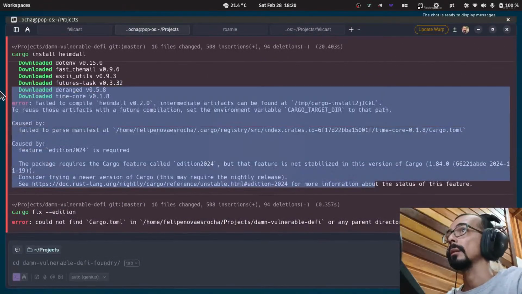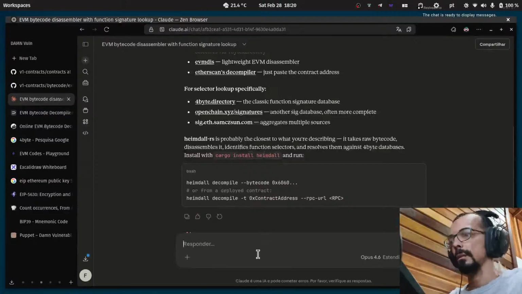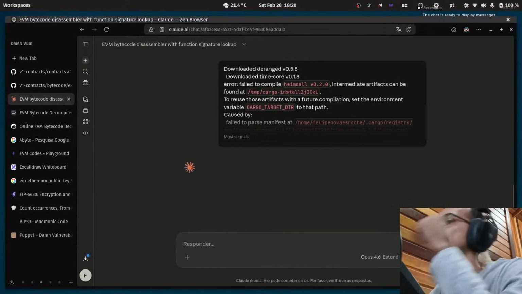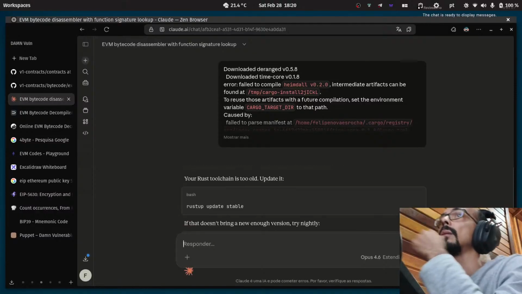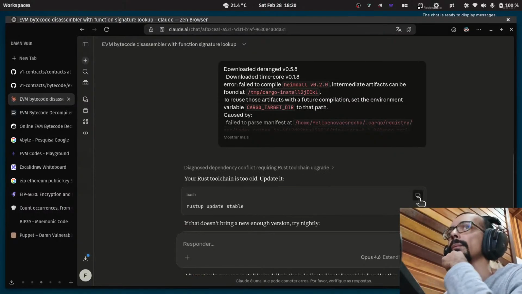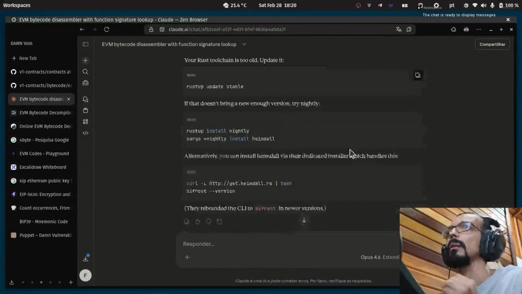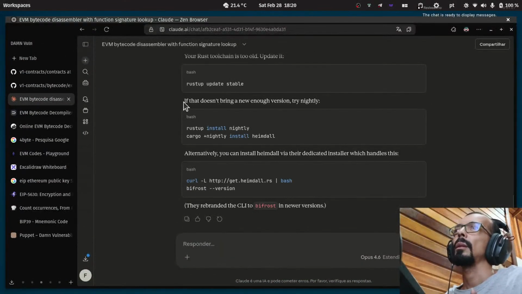Okay, let's take that. Probably need to update my cargo. Yeah, I don't remember what the current version I'm running is. If that doesn't bring a new enough version, try nightly.